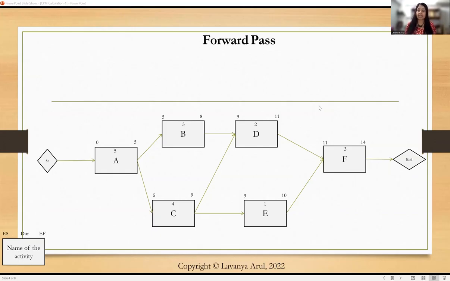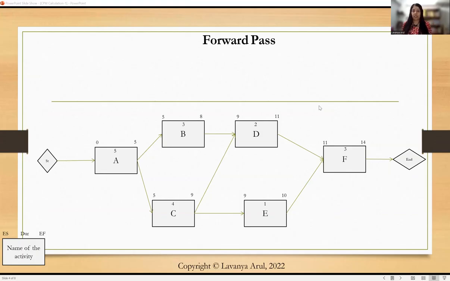Since B takes 3 days, we are adding 5 plus 3, which is 8. And for C, since it takes 4 days, 5 plus 4, which is 9 days. Since we know it starts on the 5th day and you need 4 days to complete it, we are going to do a simple addition to come up with the early finish.